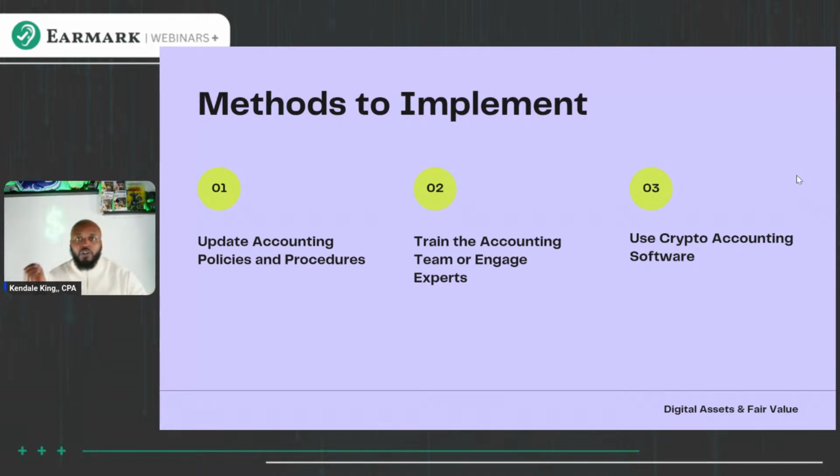And as an auditor, understanding what prices they're pulling from and using something different. Again, there's a lot of different things to consider when you are working within crypto. But again, it would be huge to be able to have a crypto accounting software that you understand and that can give you everything that you need, because it will save you tons of time.